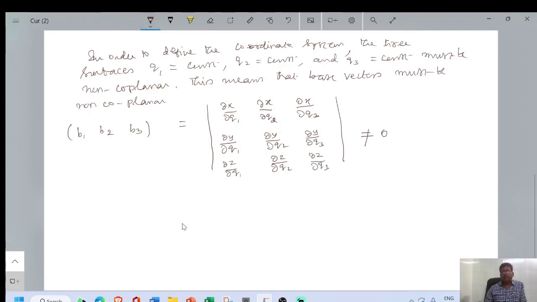This is the condition for the base vectors b1, b2, b3 to be non-coplanar.